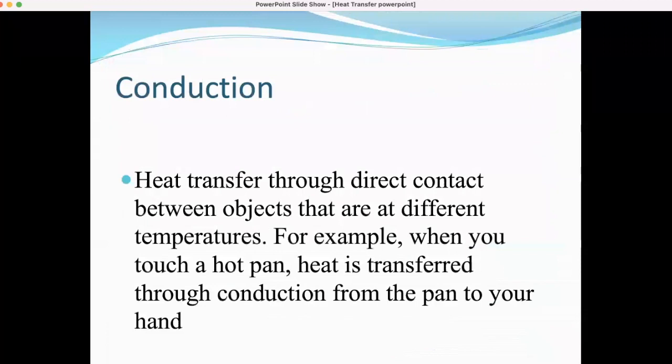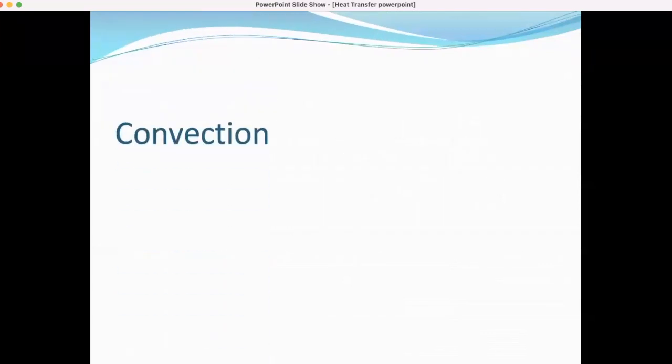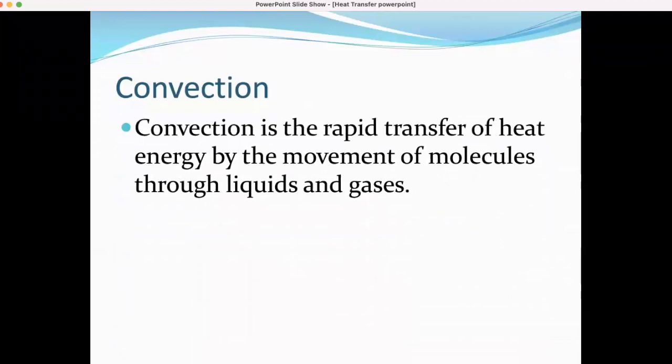This is another term. Conduction is heat transfer through direct contact between objects that are at different temperatures. For example, when you touch a hot pot, heat is transferred through conduction from the pot to your hand. Good. So let's talk about the next one, convection.